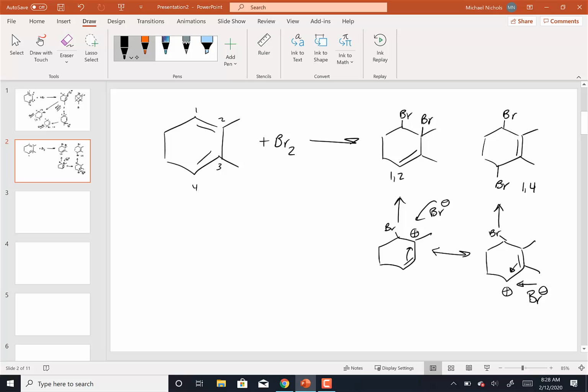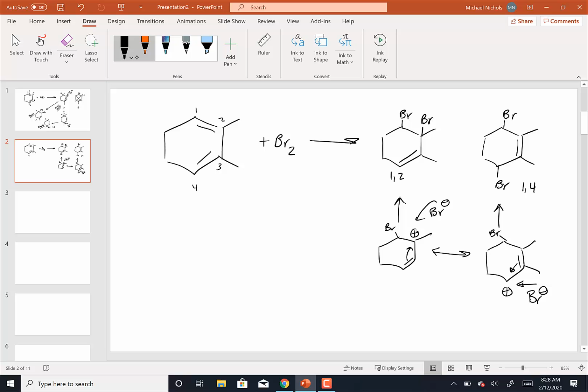I guess in the past the second one's been optional. I usually want the first one, this one, but probably a good idea to put that one in too. Okay.